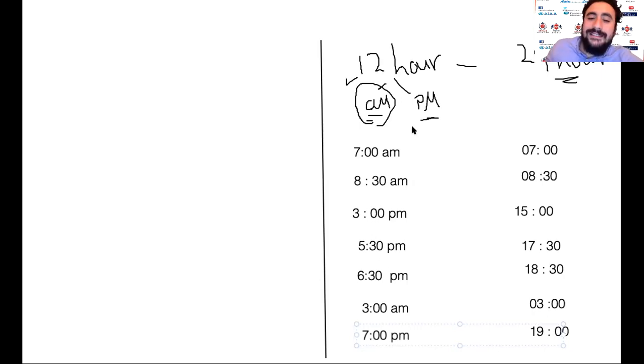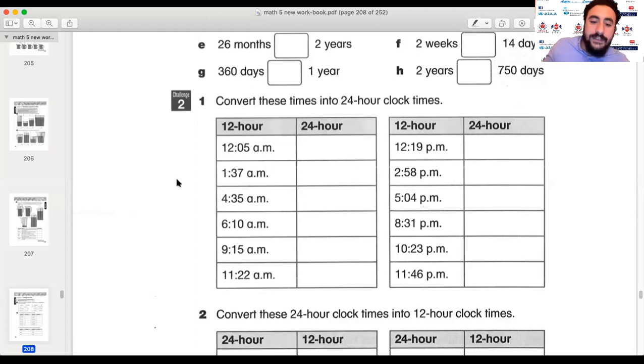Okay, guys, this is a summary of the differences between 12-hour clock time and 24-hour clock time. And you're going to solve this challenge. This is your homework, this challenge and challenge 3 in the capacity. So for example, this is 12:05 a.m., and in the 24-hour clock it's going to be the same, 12:05.